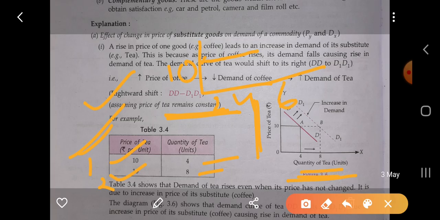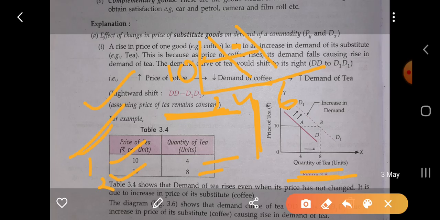So at the price of 10 the quantity of tea is 4, but when the price is also 10, the demand increases, so the curve will shift to the rightward.